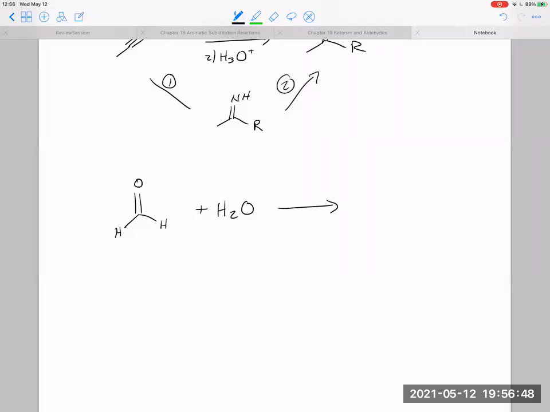Didn't you say a ketone? Ketone or aldehyde. Okay. And this time we're going to use formaldehyde because I'm going to make a particular point about this, but it could be anything. You could have any R group instead of hydrogen there.